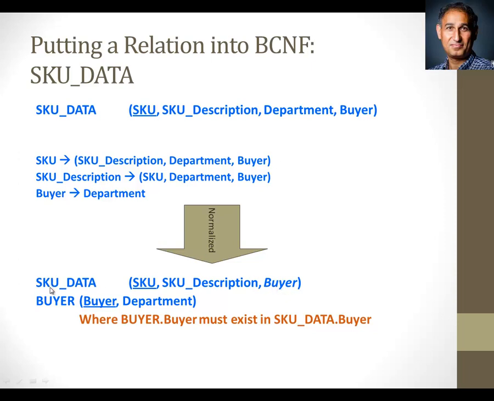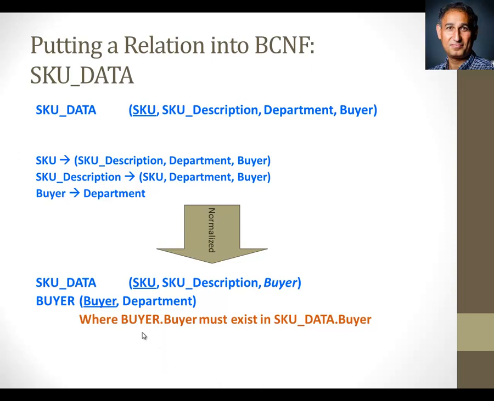So the relation for the SKU data is SKU, and that's the primary key, SKU description, and buyer as a foreign key, which will connect the two relations. To make sure of the integrity of the data, we use a statement which is where buyer must exist in SKU data.buyer.